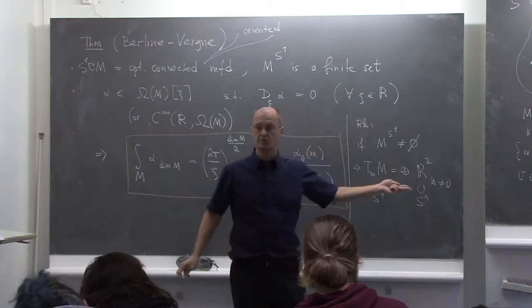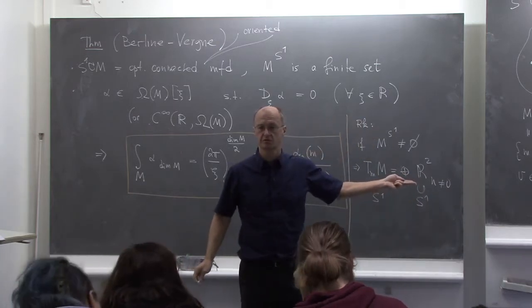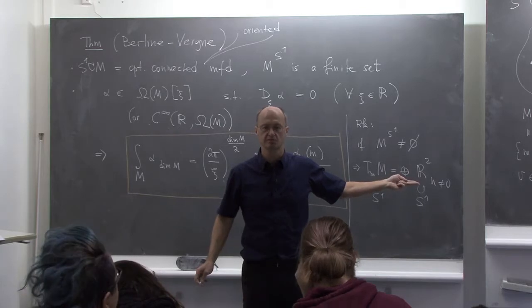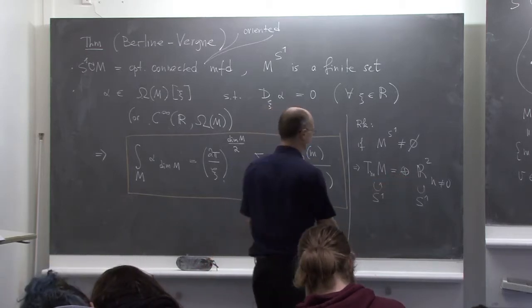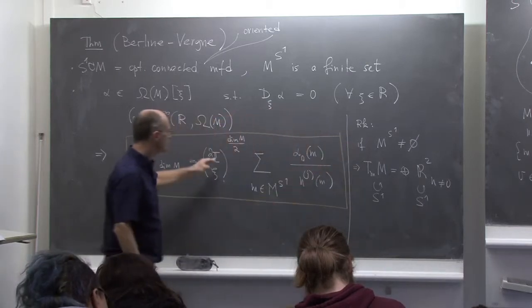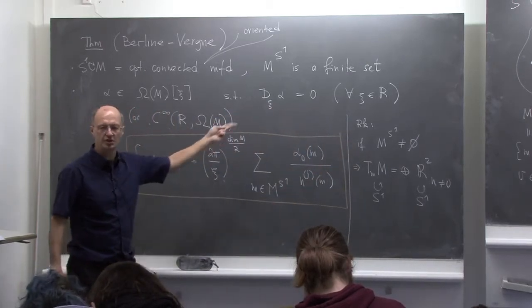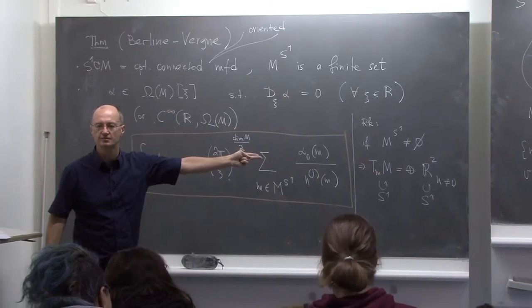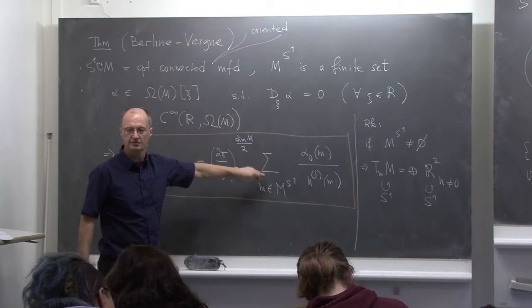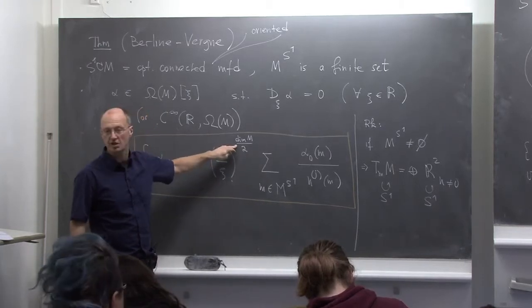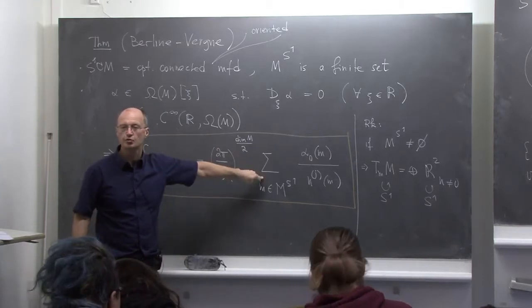But if this is a sum of R^2s, the dimension has to be even. The dimension may eventually be odd if the fixed point set is empty. But then we still don't need to take any square roots, because in the sum there are no terms.